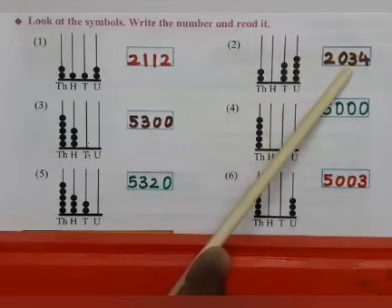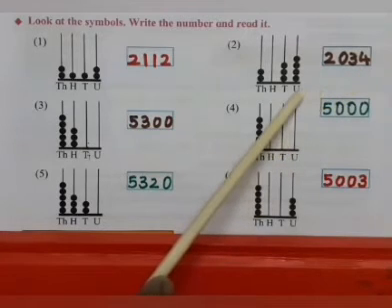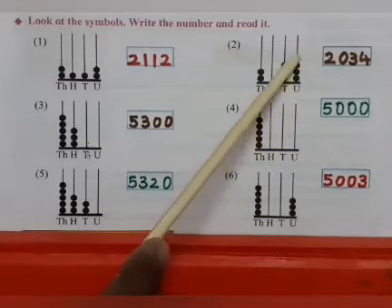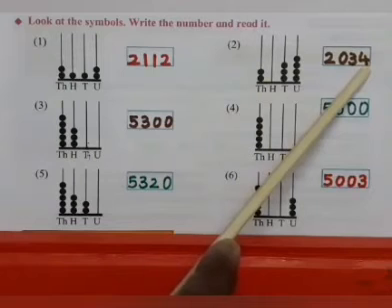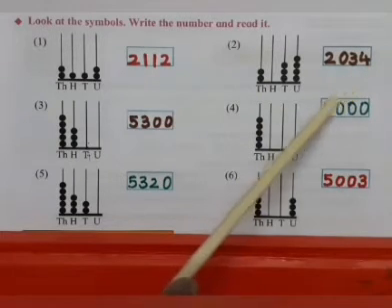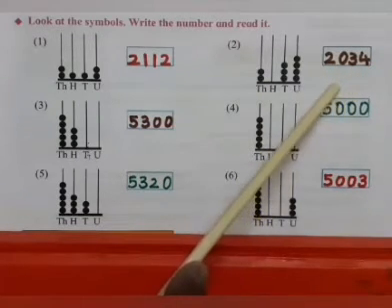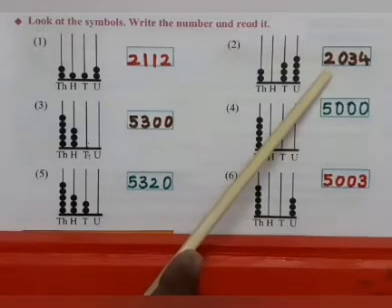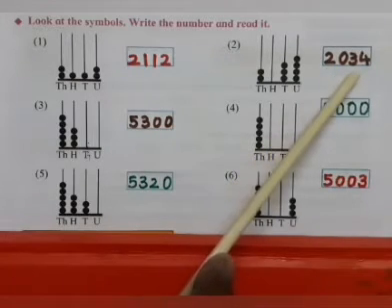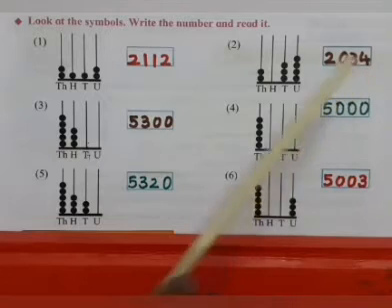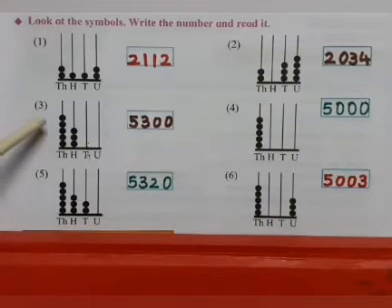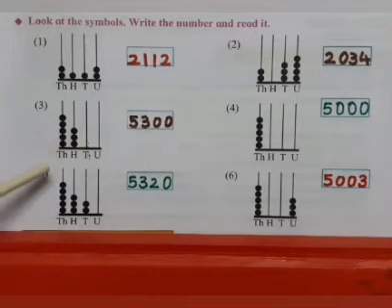I write the number 3. In the units place, there are 4 beads. I write the number 4. Now, how do we read this number? It is 2034.